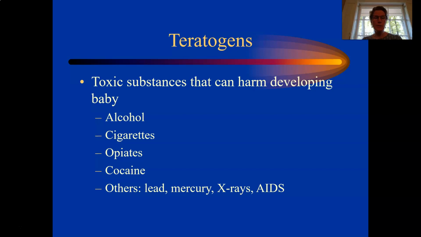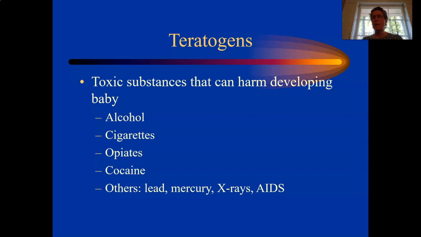Some other things that can affect the unborn baby, or even the baby after they're born, are lead, mercury, and x-rays. So if a woman's pregnant, she's not really supposed to get x-rays done, or her stomach should be protected from them. You've heard about lead that can be found in paint. So someone growing up in a poor environment where paint is peeling or chipping, and of course kids are always putting things into their mouths, they could actually be harmed by that.